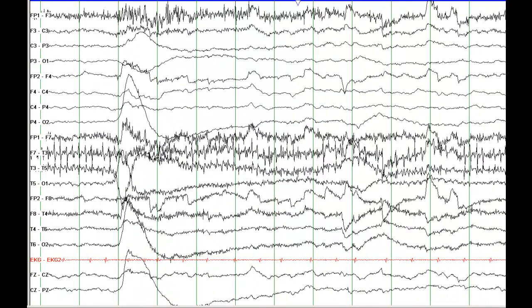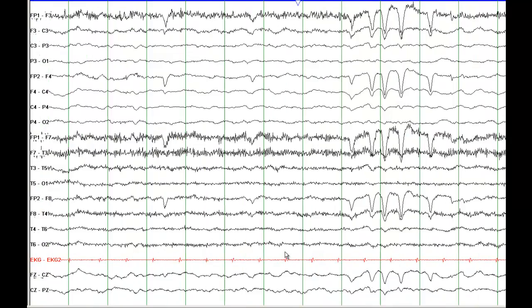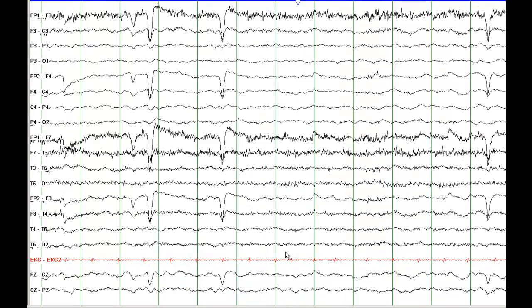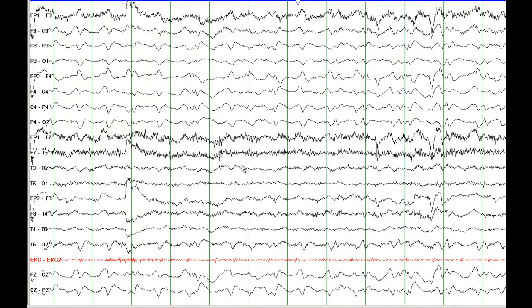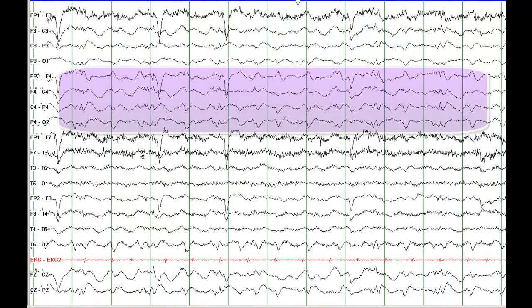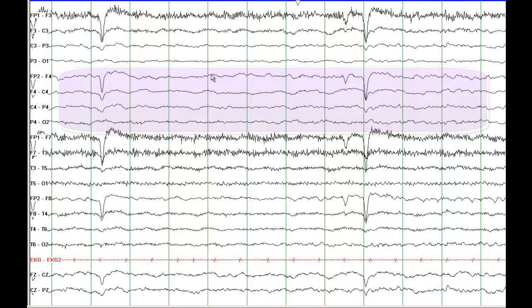Okay, I'll move the cursor. At this time, we start seeing this rhythmic slow activity that is predominantly on the right hemisphere. Let me just go back a couple pages here. At this time you don't see that rhythmic activity.